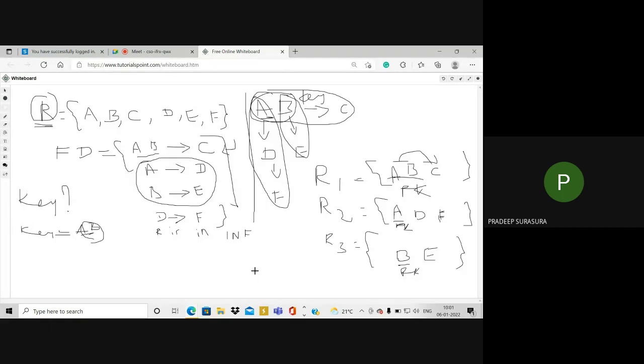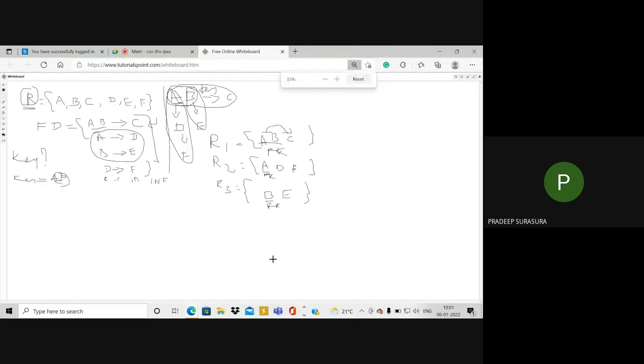Now, after you have R1, R2, R3, go to the additional point. Go for 3NF. So you catch hold of these three now. These three we need to work on. Now write down the 3NF definition.